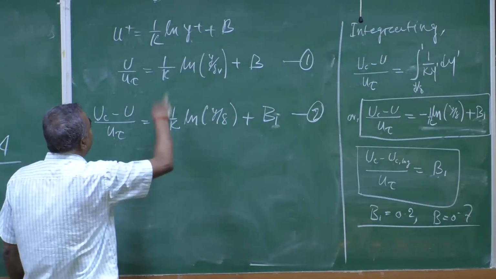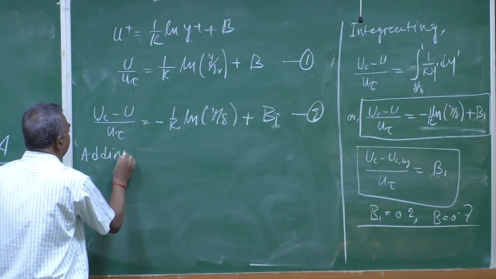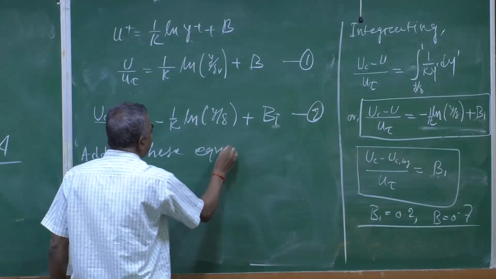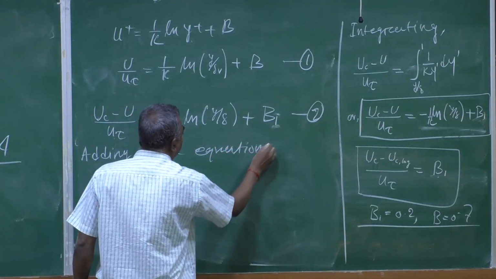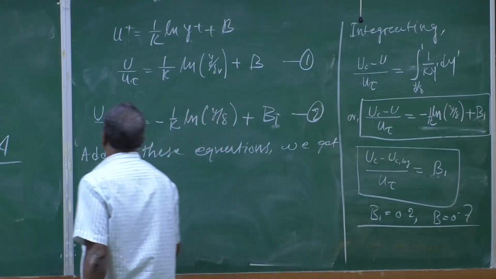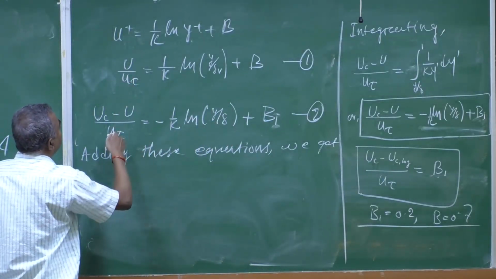Now, if we add these equations, u by u tau will cancel.